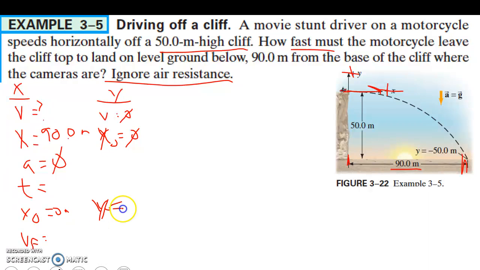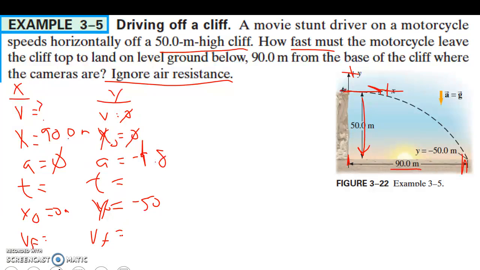My final position will be negative 50 because I'm going down. My acceleration is negative 9.8. Assume Earth unless you're told otherwise. Don't know my time. And then my final velocity is obviously something I don't know either, but I can solve for it. So the question is, how do I get initial velocity of x?